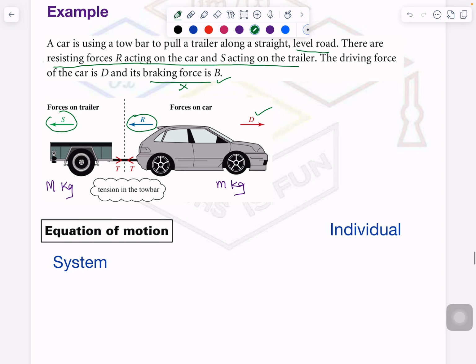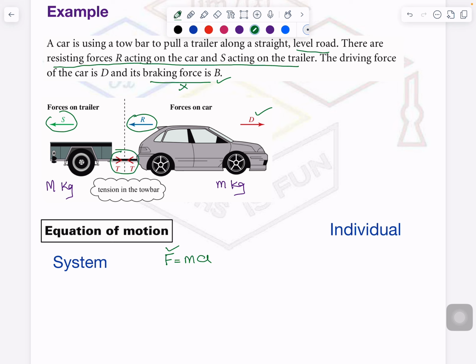Now in this case, if you have to write Newton's second law of motion for the system or for the individual parts, how will you write it? Let's see. Newton's second law is F equals ma. F represents the resultant force. So if I'm talking about the whole system, these two forces T will cancel out. Why? Because they are equal and opposite, so they will cancel out their effect.